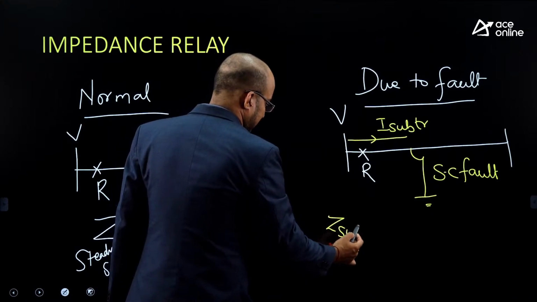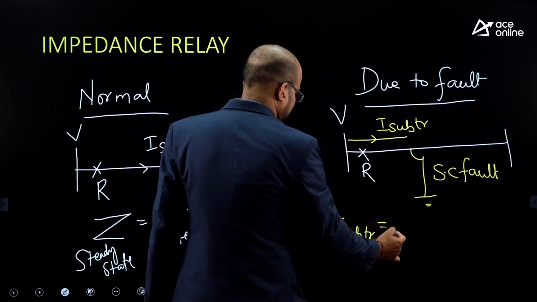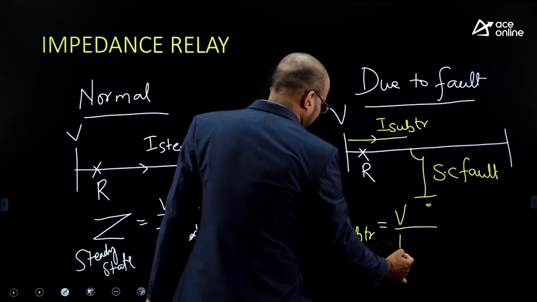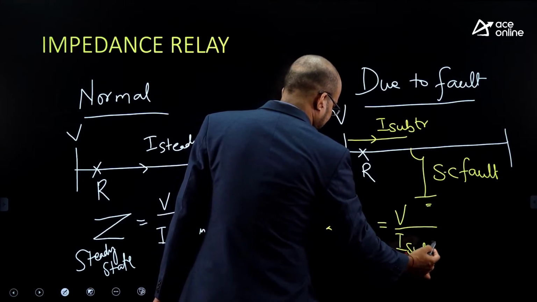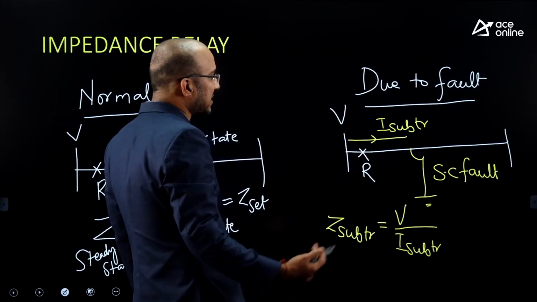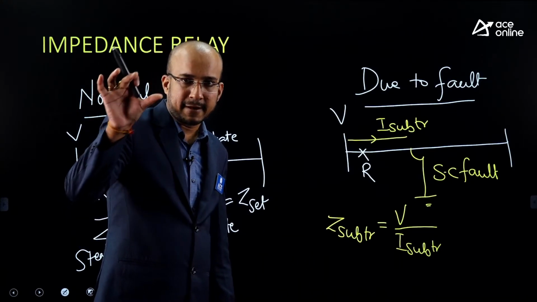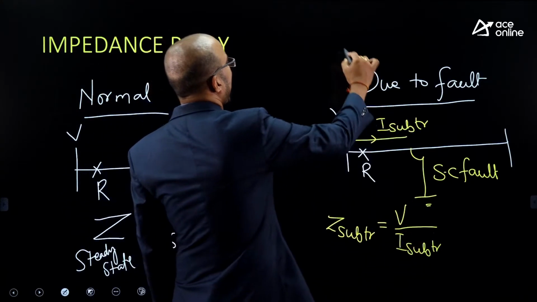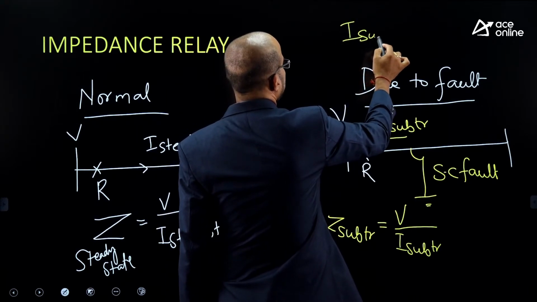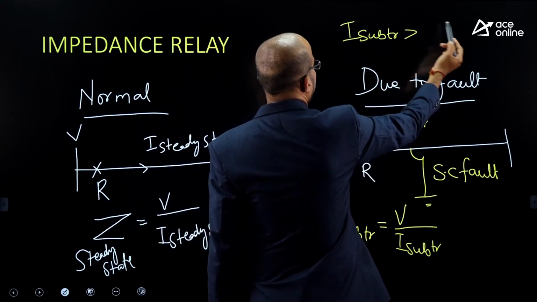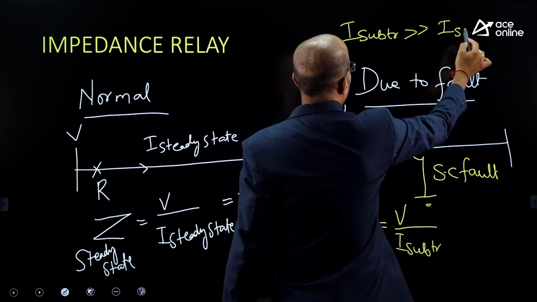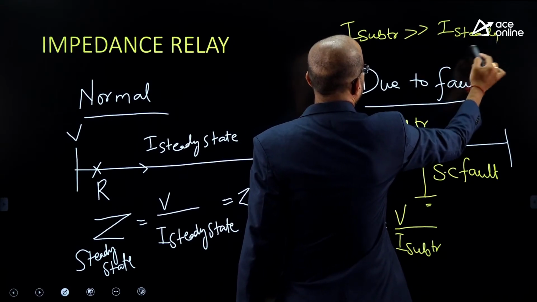So here the subtransient impedance is observed by the relay, V by I subtransient. As we know, the subtransient current will be very high. Very high when compared to what? Steady state current.